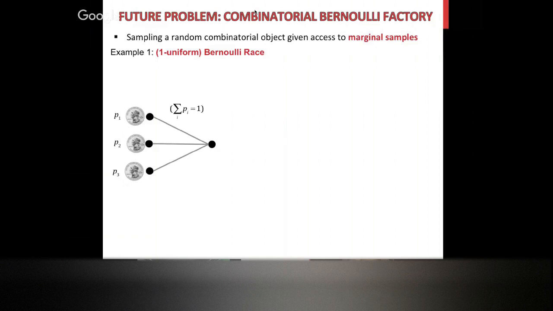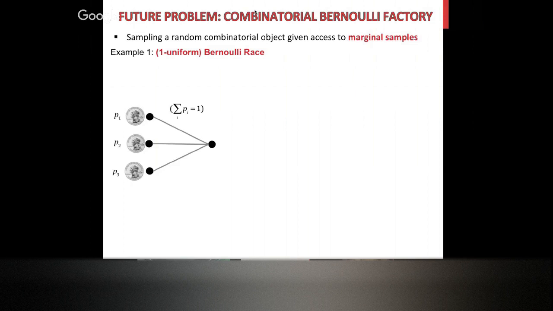So what was the Bernoulli race? You have a ground set of elements and access to marginal sampling oracles, and you want to pick a combinatorial object, here a base of the one-uniform matroid, such that your random selection matches the marginal constraints.